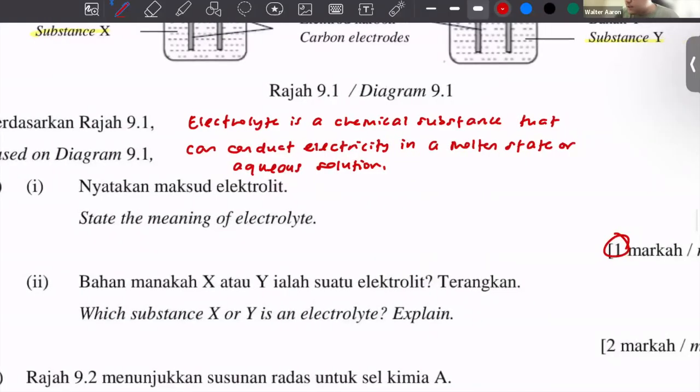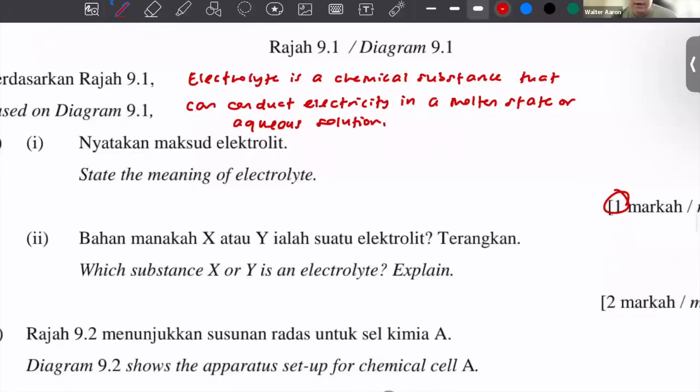Which substance, X or Y, is an electrolyte? I explained to you earlier that X is the electrolyte. The reason is because it is able to light up the light bulb, and it can conduct electricity.